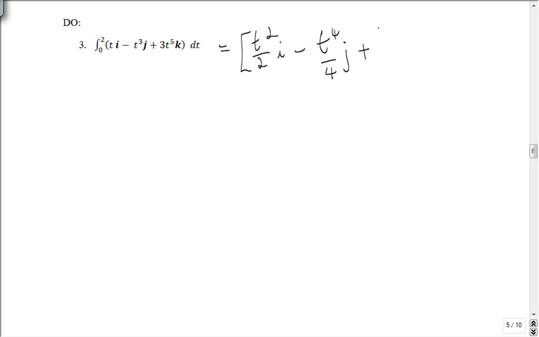And one more, somebody? Very good. Wait, why do I put J? We want K. And we're going from 0 to 2. And upon substitution, what did you get? What's the answer? 32. Beautiful.